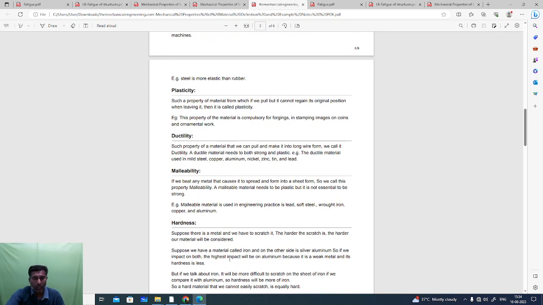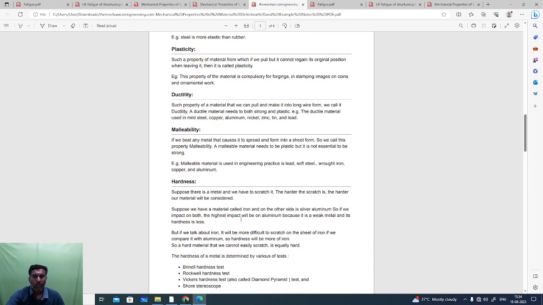Suppose the hardness. Suppose there is a metal and we have to scratch it. The harder the scratch is, the harder our material will be considered. Suppose we have a material called iron and another, silver aluminum. If we impact both, the highest impact will be on aluminum because it is a weak material and the hardness is less.